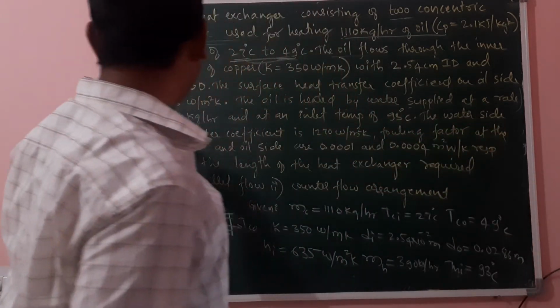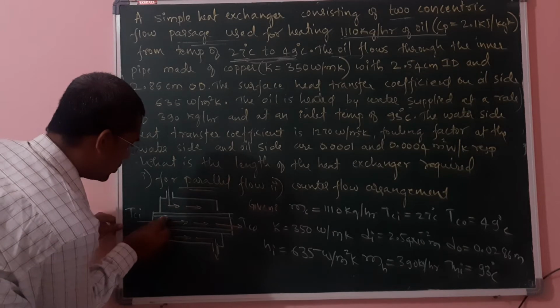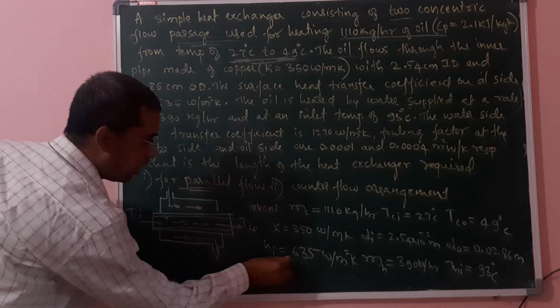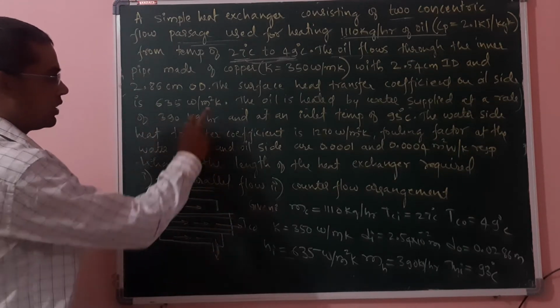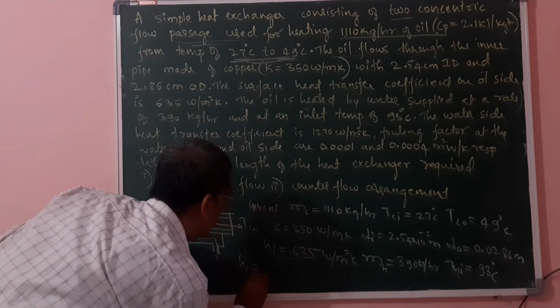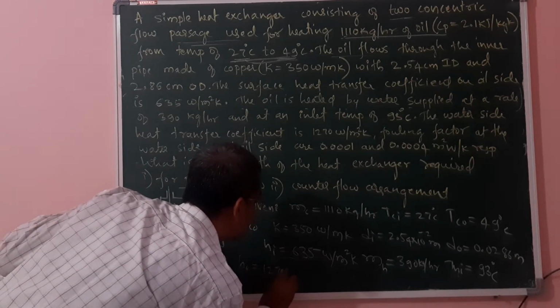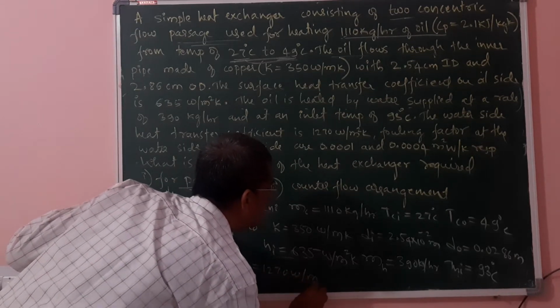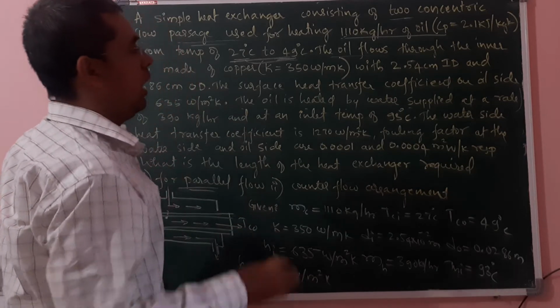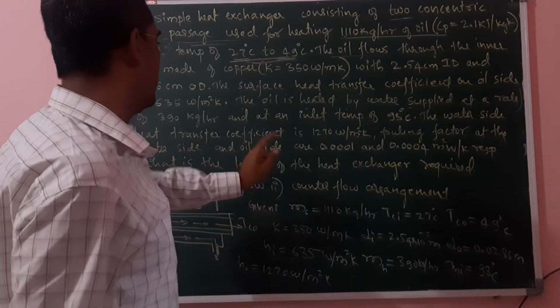The water side heat transfer coefficient: here inside there is oil, they have given the oil side heat transfer coefficient, and the water side heat transfer coefficient I will write as H0. H0 is equal to 1270 watt per meter square Kelvin. They have also given the fouling factors on the water side and oil side.